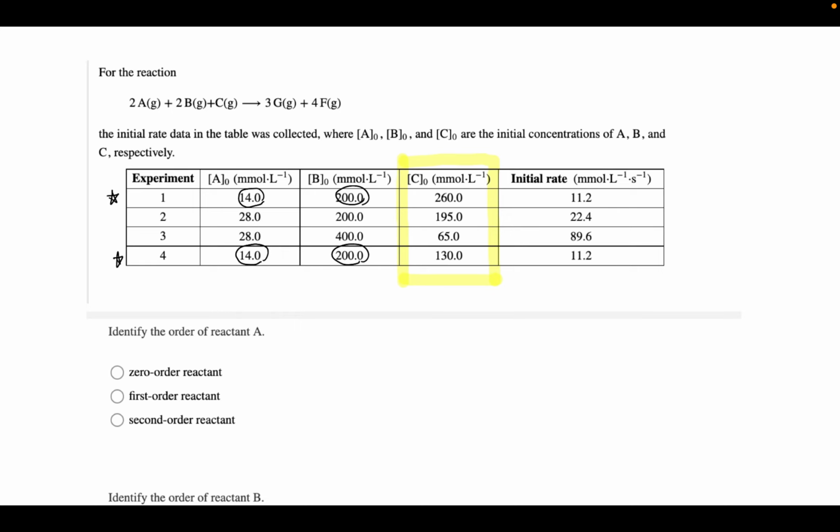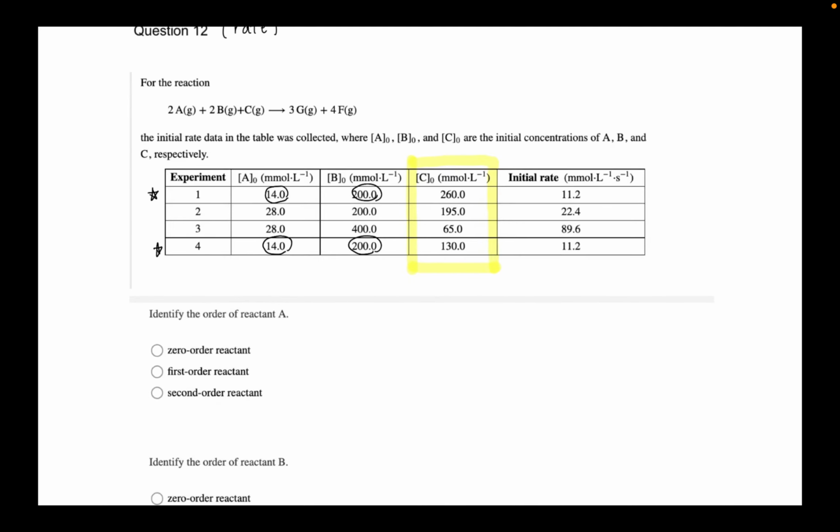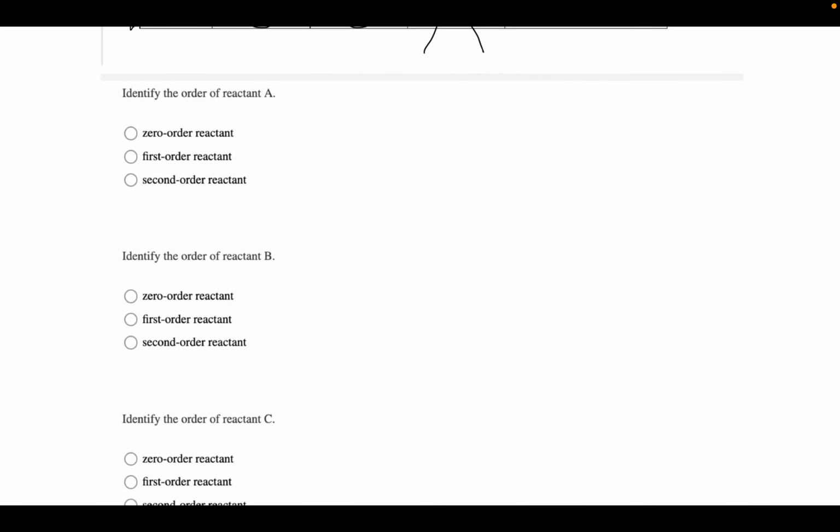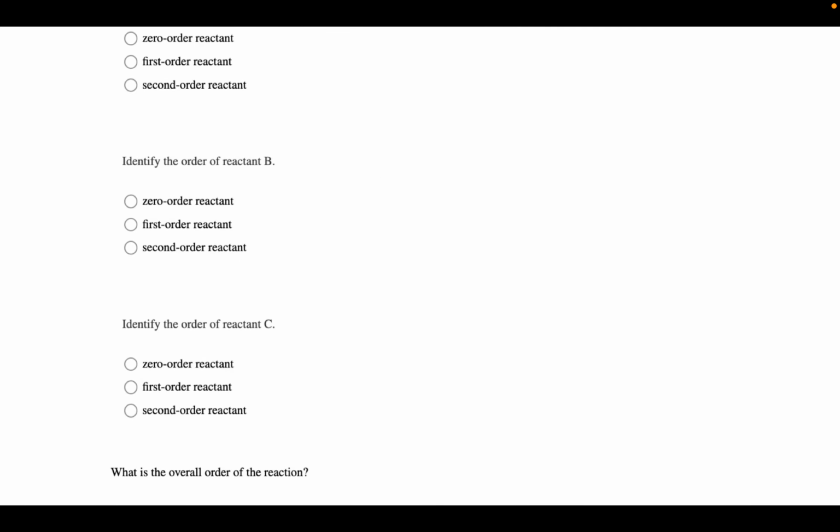When we decrease the concentration of C by half, the initial rate doesn't change. It's still 11.2. So that means within this rate law, C is not considered. It is a zero order reaction. So we just don't consider C, and we know that the order of C here is zero order.